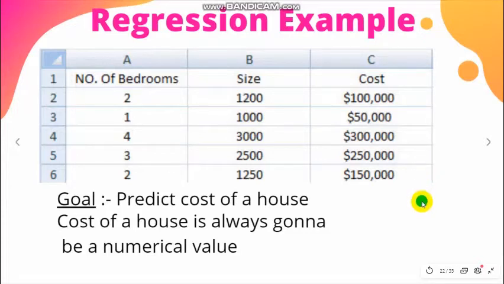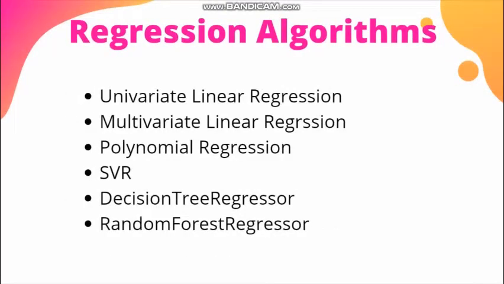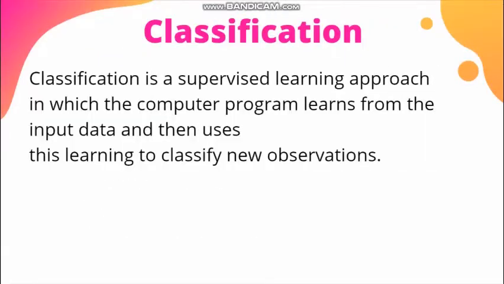Since cost is a numerical value, this is going to be a regression task. So there are many regression algorithms. Some of them are univariate linear regression, multivariate linear regression, polynomial regression, SVR, decision tree regressor, and random forest regressor.